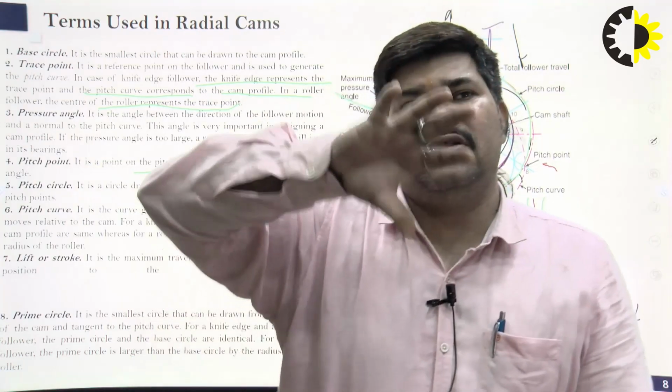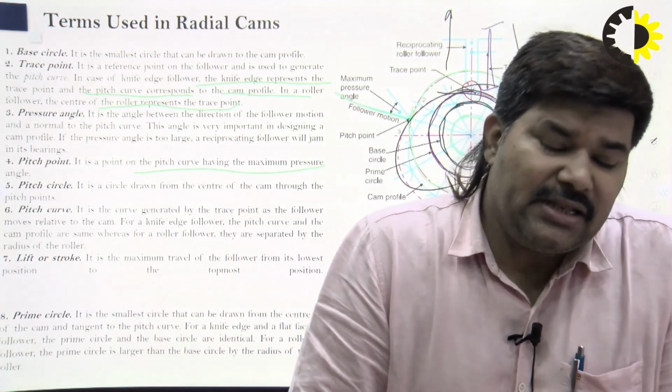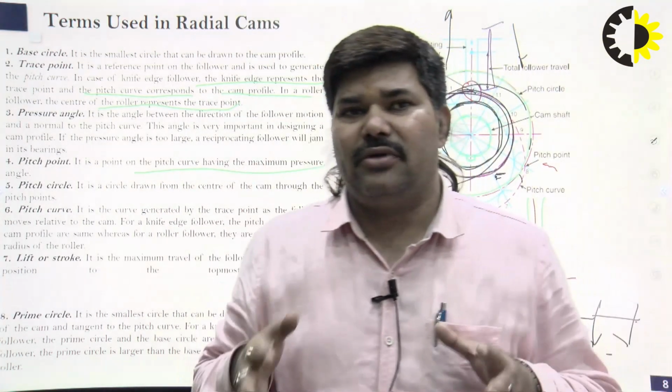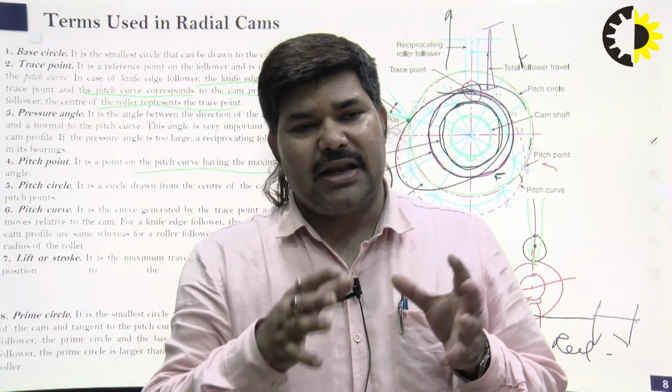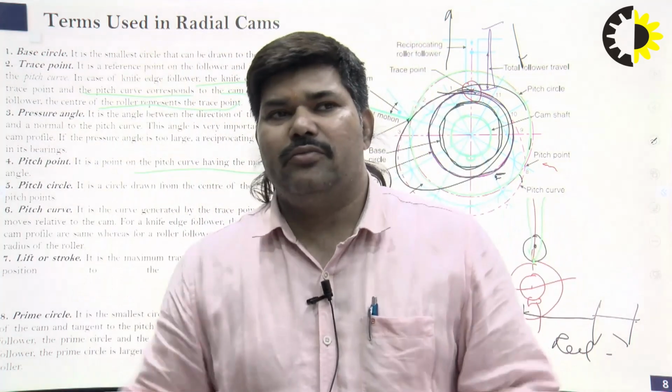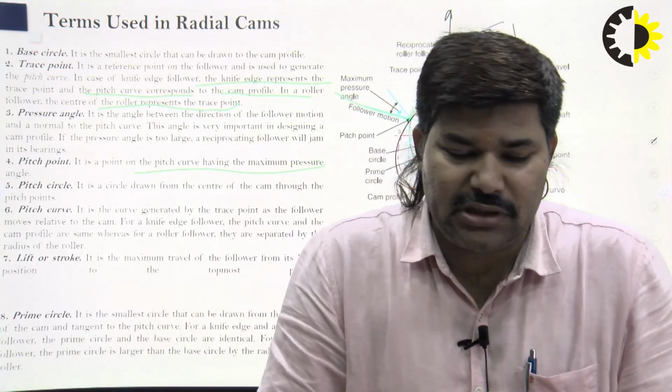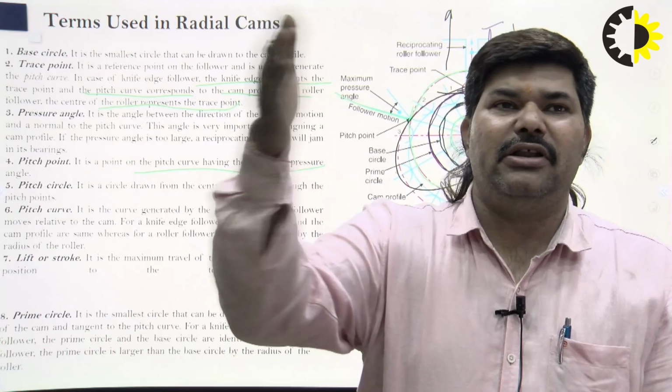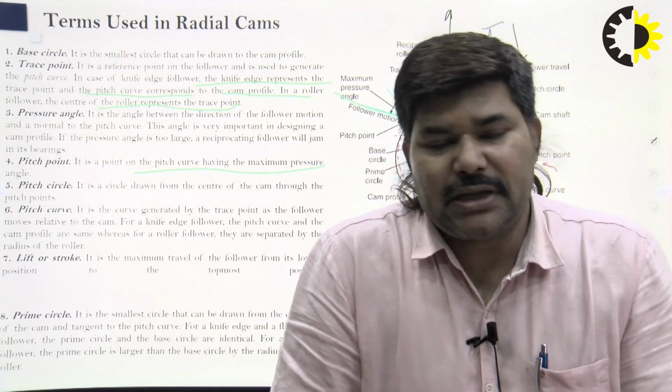So there are basically 4 cases, and the next lecture will consider all these 4 cases. After that we will take some numericals and find out how to draw the cam profile with the cylindrical cam as well as the offset cam and radial cam, right?